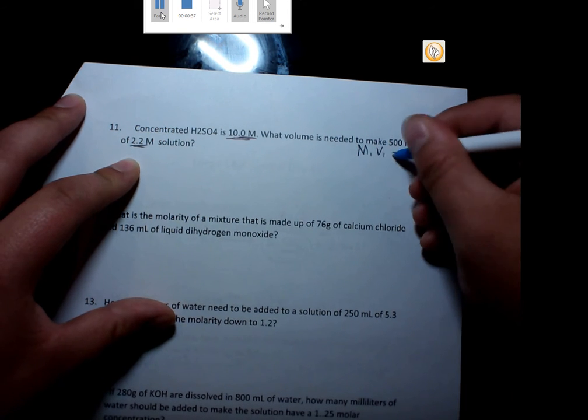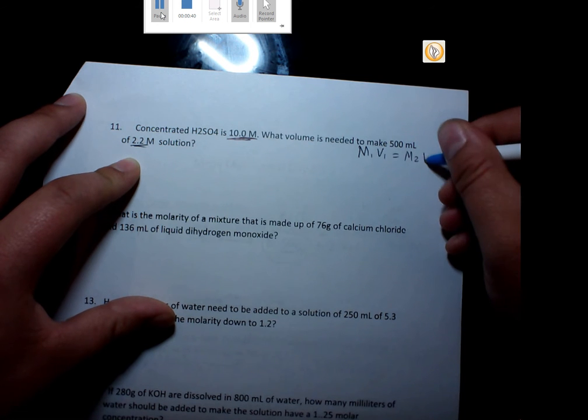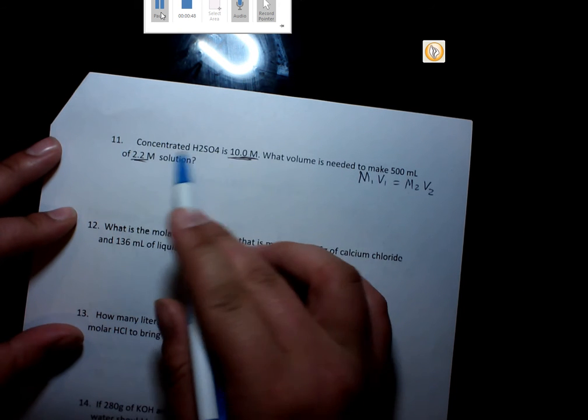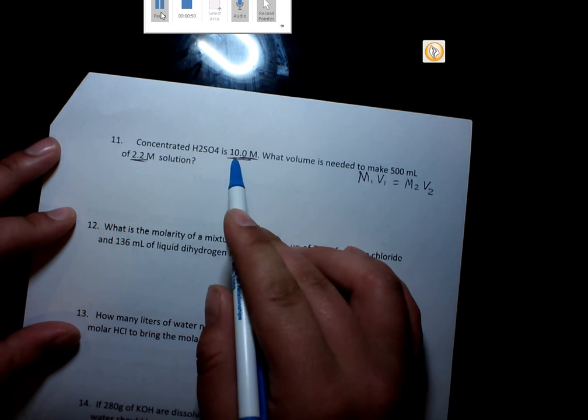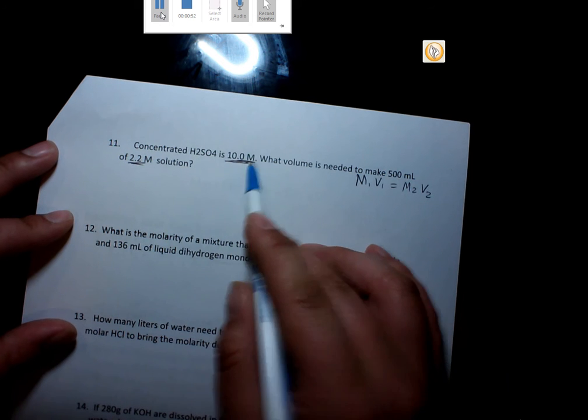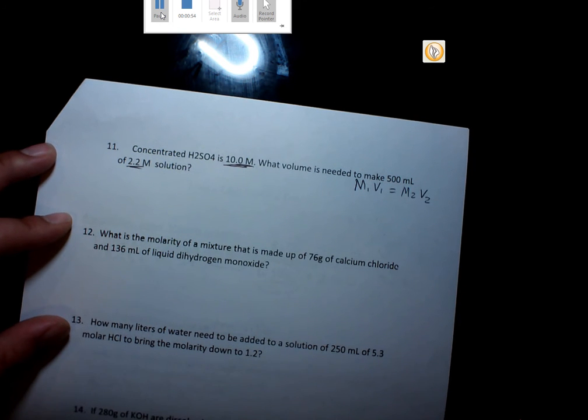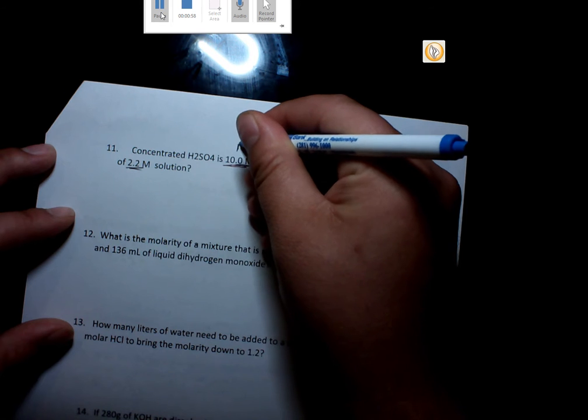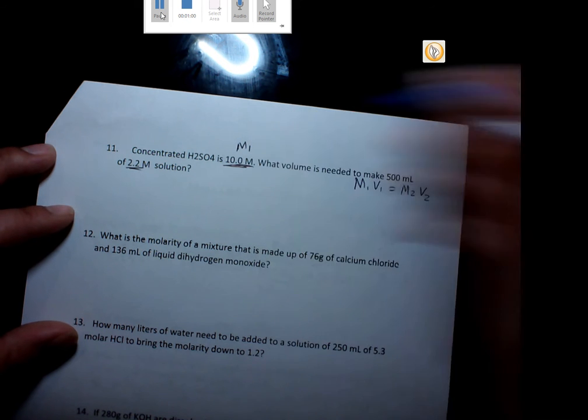M1V1 equals M2V2. So now we need to go back and figure out what we actually have versus what they want to make. So concentrated H2SO4 is 10 molar. That's something that we already have, so it's available in the lab. So we're going to mark that as M1.